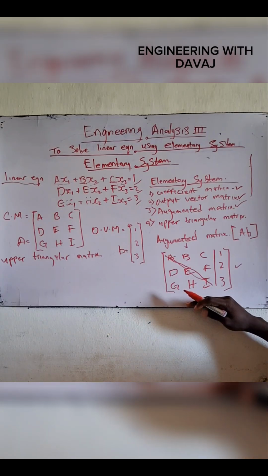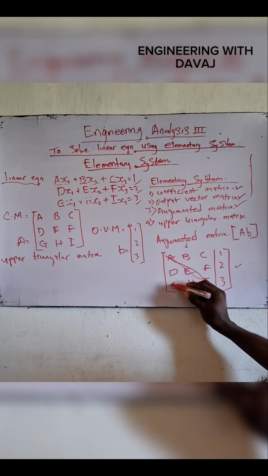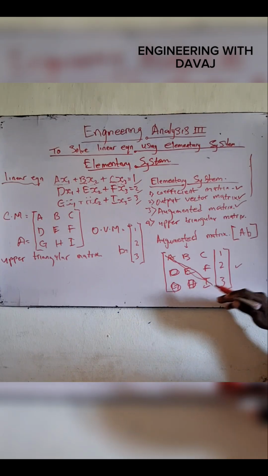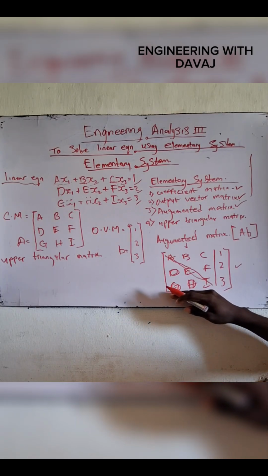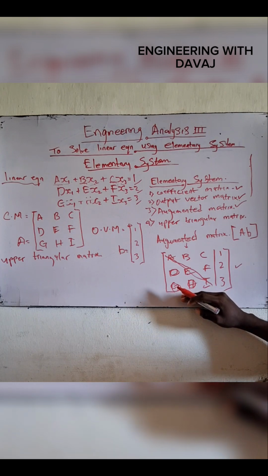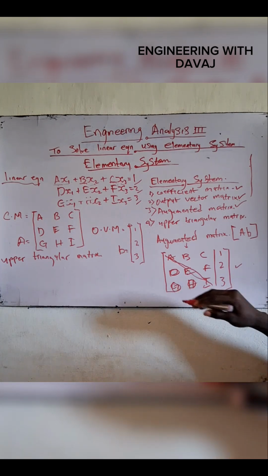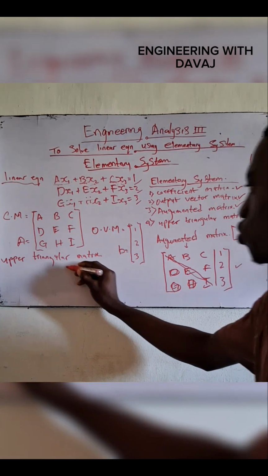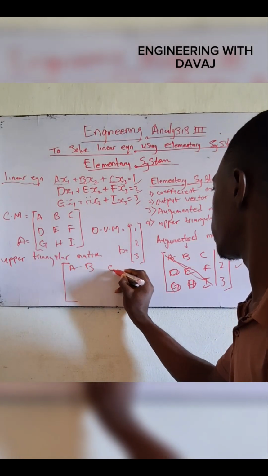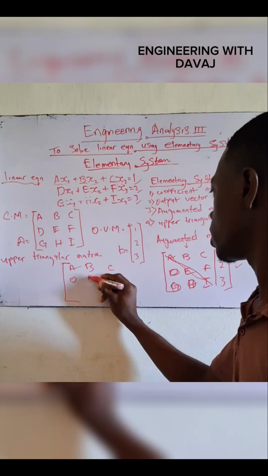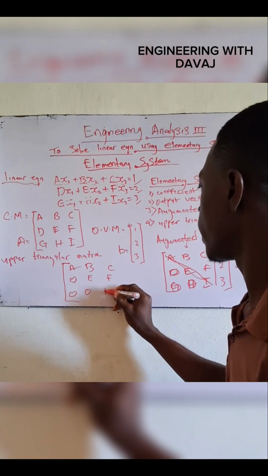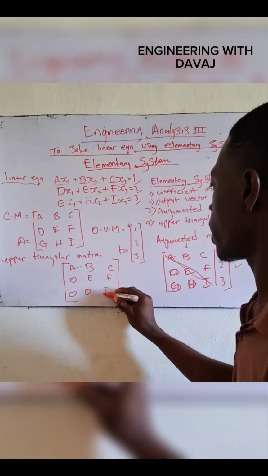To make this an upper triangular matrix, this G must turn to 0, this D must turn to 0, and this H must turn to 0. After I turn all these to 0, it is going to be an upper triangular matrix. It's going to look like this: A, B, C, 0, E, F, 0, 0, I.